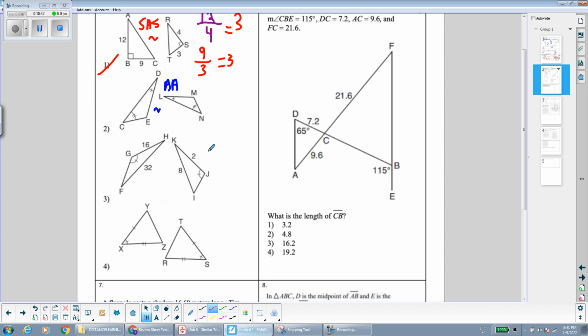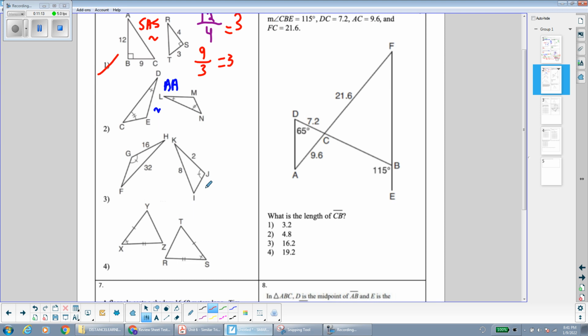Now, the problem here is that even if I found the scale factors of the corresponding sides, these triangles wouldn't be similar because it wouldn't be AA because we only have 1 pair of congruent angles. It wouldn't be SSS because we don't know anything about the third pair of corresponding sides here. We don't have the measurements to compare the scale factors.